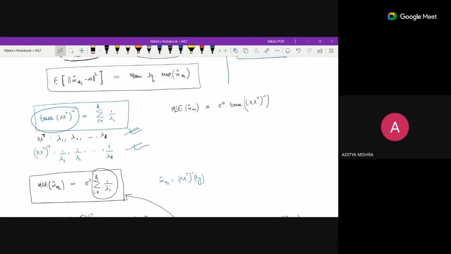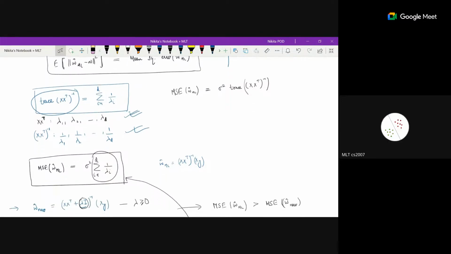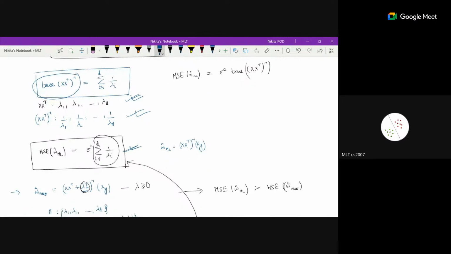So now the MSE of W hat ML turns out to be this. Okay, so this is what we have.